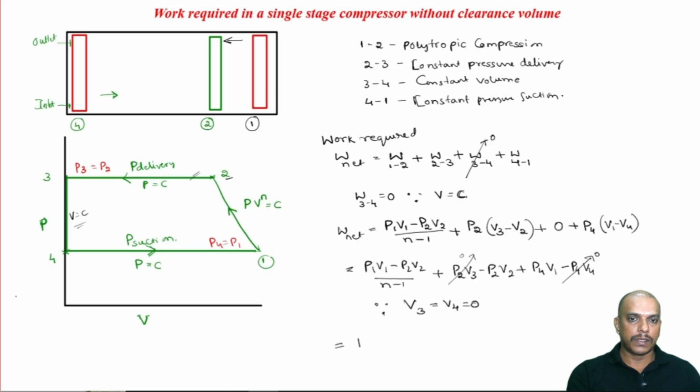Then what we will have is (P1 V1 minus P2 V2) divided by (n minus 1). And I will rearrange it. Since P4 is equal to P1, I will write it as P1 V1, minus this P2 V2.